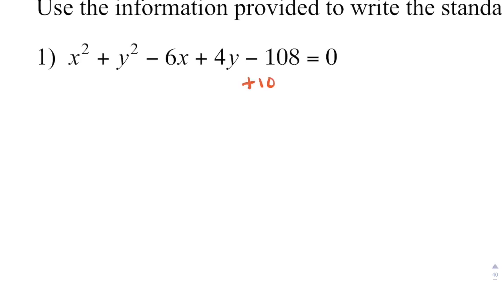I'm going to add 108 to both sides. The first key to this is to get rid of 108, or any number without variables, and forget about it for a moment. So that makes my equation look like this.